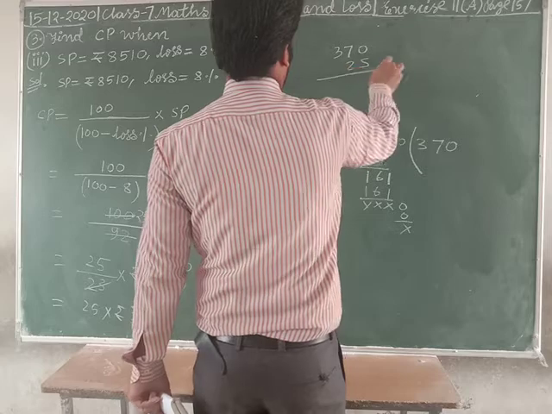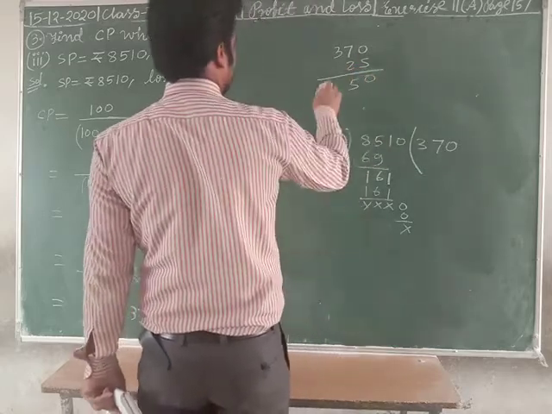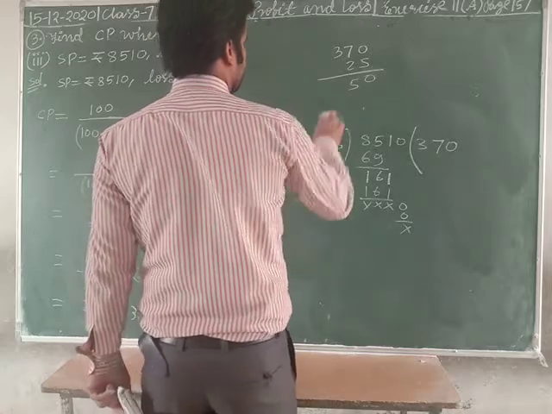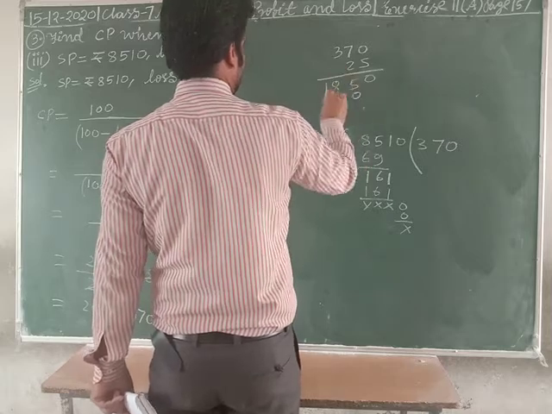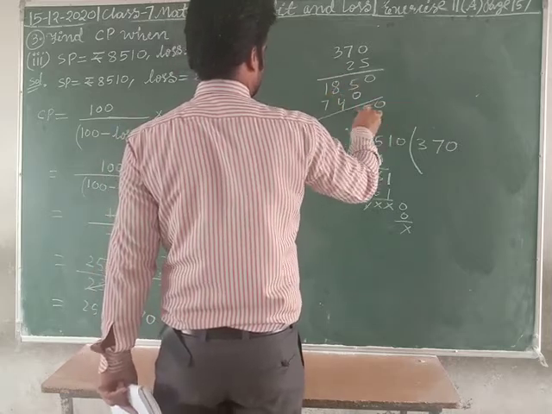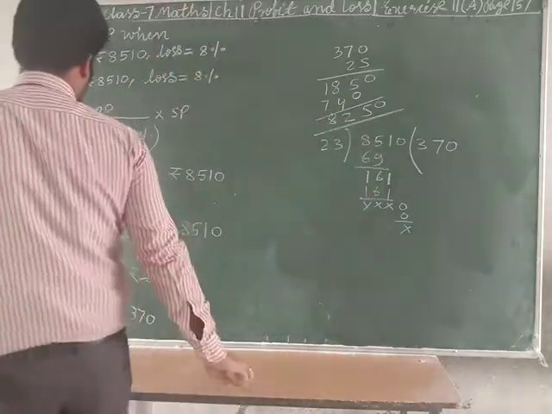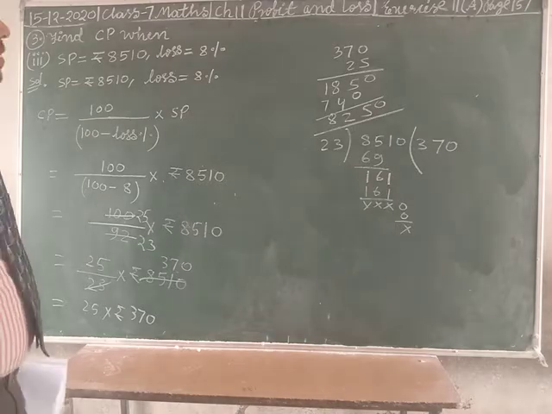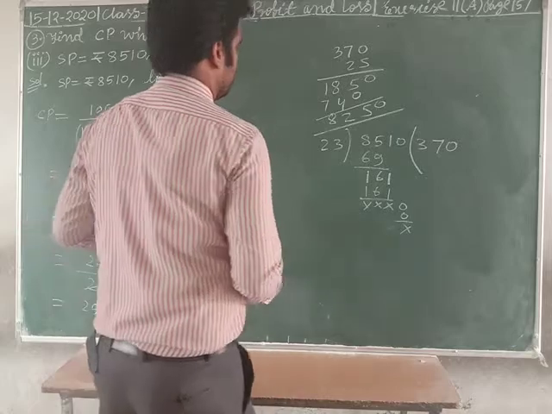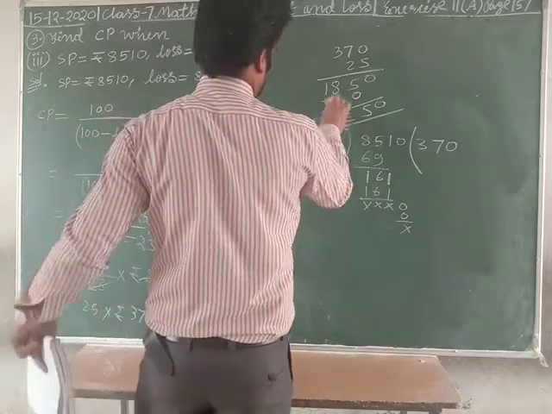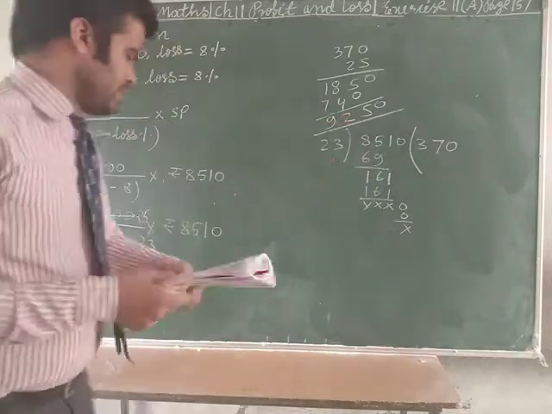You multiply it. 5 times 0 is 0, 7 times 5 is 35, carry 3. 5 times 3 is 15 and 3 is 18, carry 1. 2 times 7 is 14 and 1 is 15... So it will be rupees 9,250.